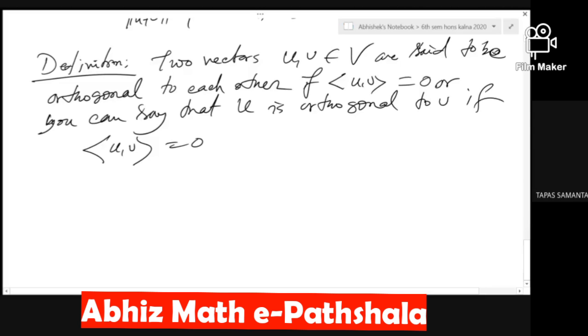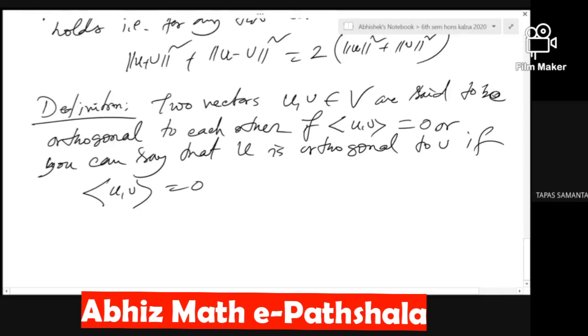Now why did I write down "to each other"? Because if u comma v is 0, then v comma u will be the conjugate of u comma v, and this is 0. So u and v are said to be orthogonal to each other if and only if their inner product is 0. This is obvious.